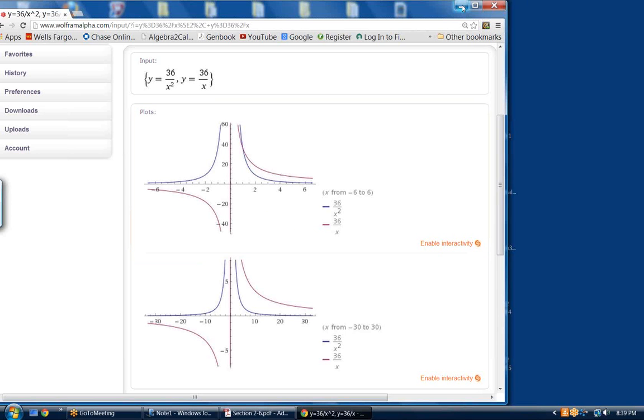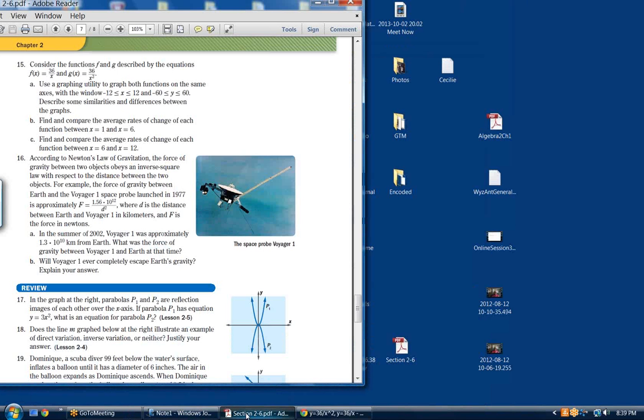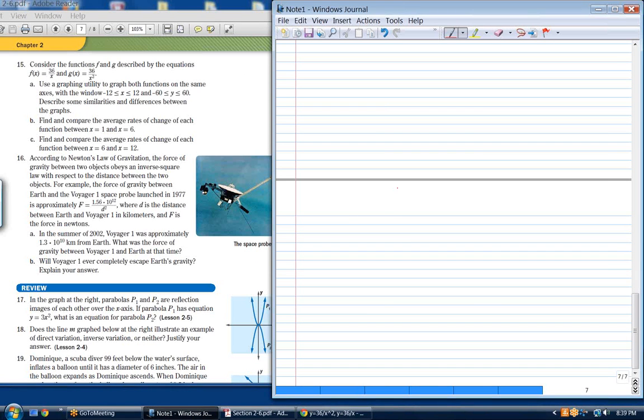All right. Find and compare the average rates of change of each function between x equals 1 and 6. Okay. Rates of change. Rate of change is going to be f of 6 minus f of 1.